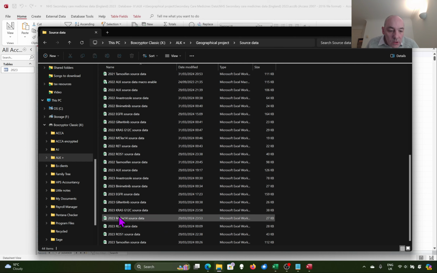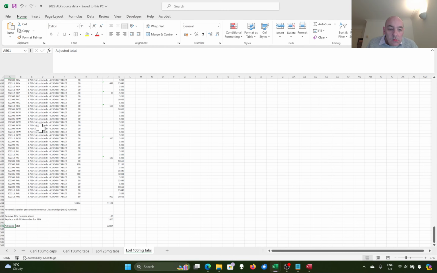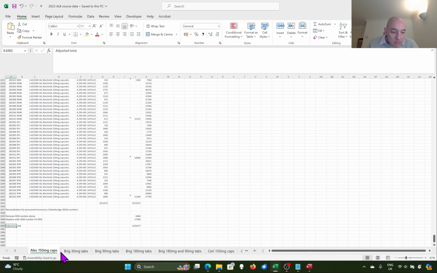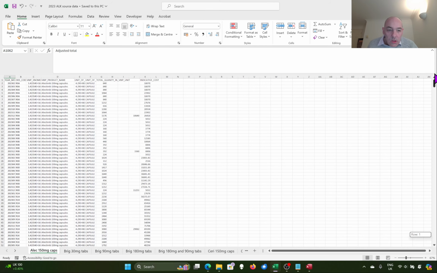These are all of the drugs that I looked at. For instance, looking at the ALK source data, these are all of the ALK drugs in their various varieties. Alectinib 150 milligram capsules, all of those, and then I've put these subtotals in here.